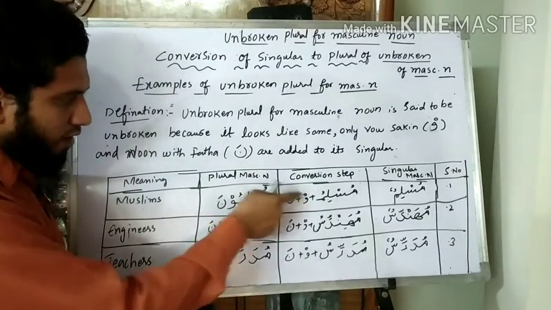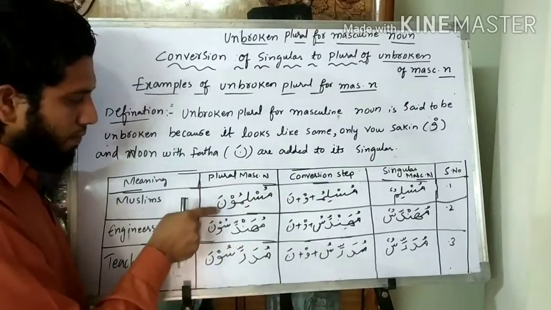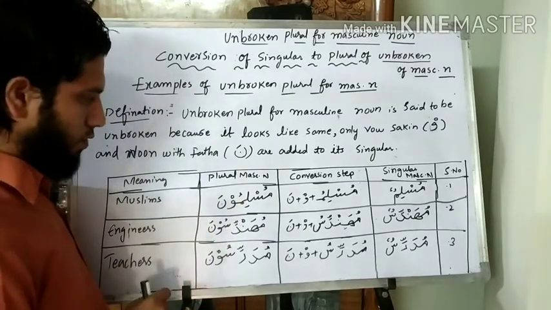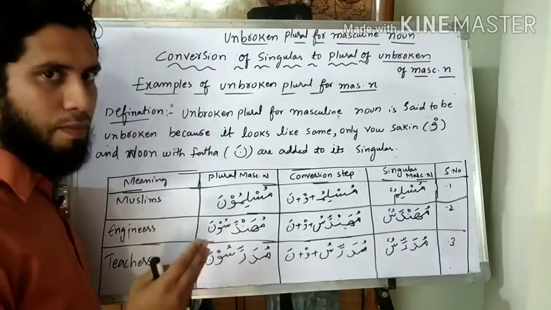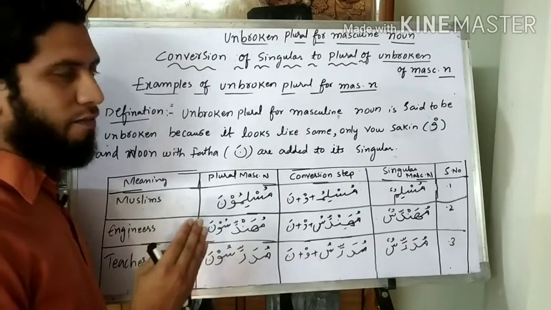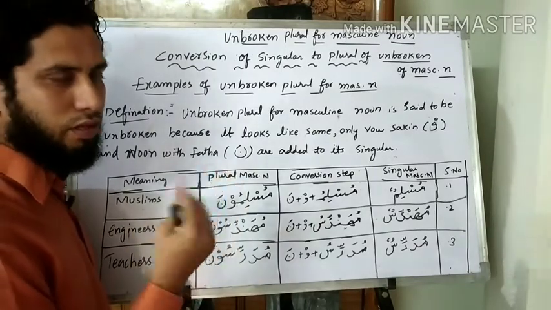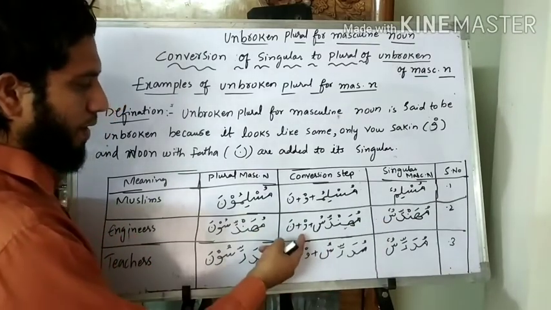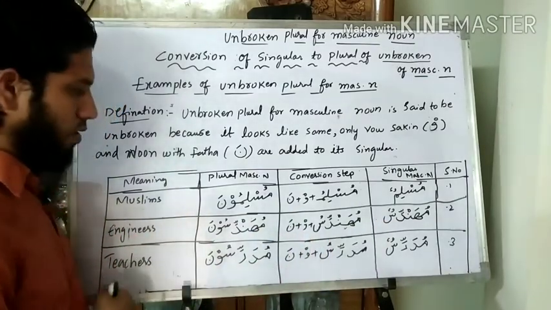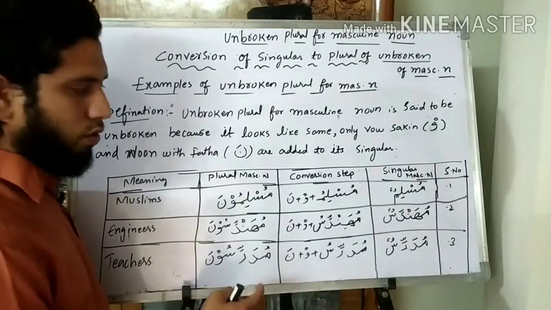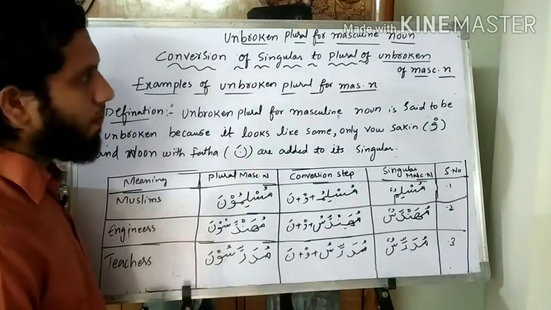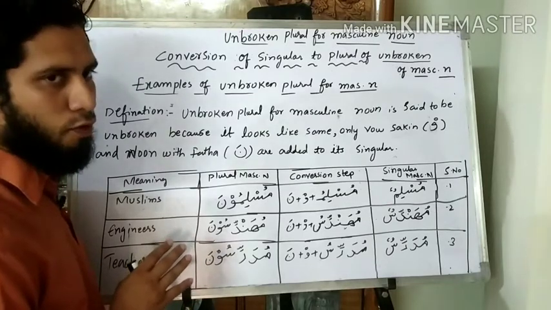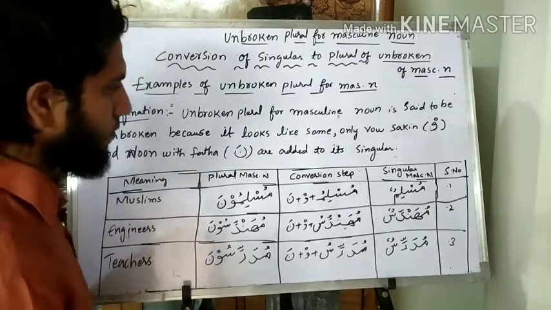After adding, it becomes plural noun Muslimuna, Muslims. Remember, a plural of Arabic language starts with three numbers. Muhandisun, same pattern, Muhandisuna, engineers. Mudarrisun, Mudarrisuna. I hope you have understood the concept of unbroken plural for masculine noun.